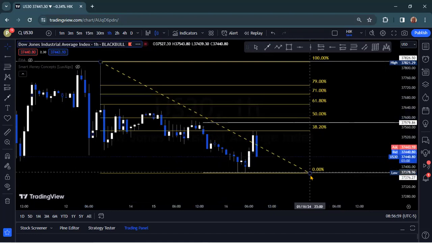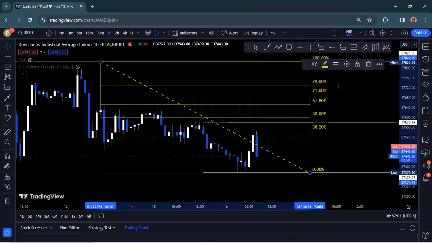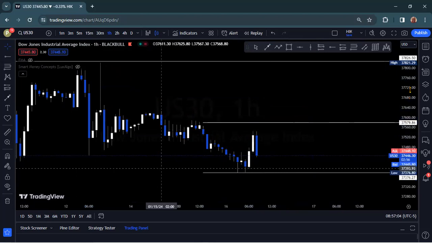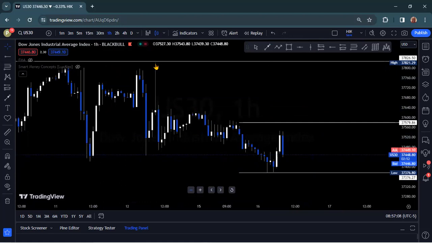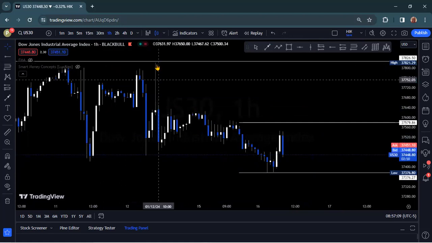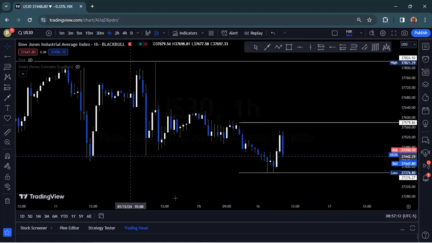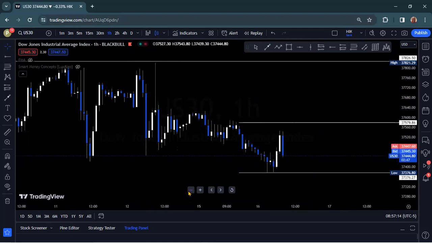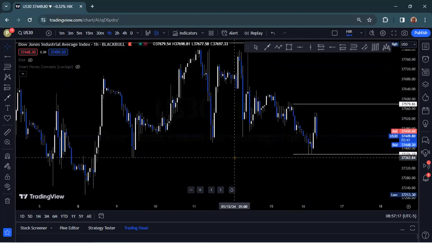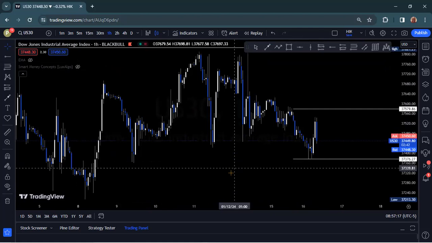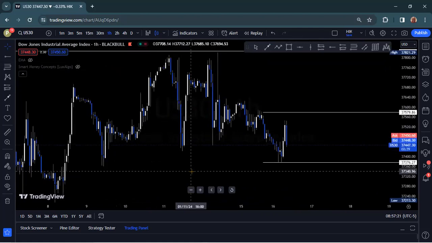or actually, let me take this off because we're looking for buys. We're not looking for sells. We're looking for buys. I could probably invert it. So let me see. Looking for buys.